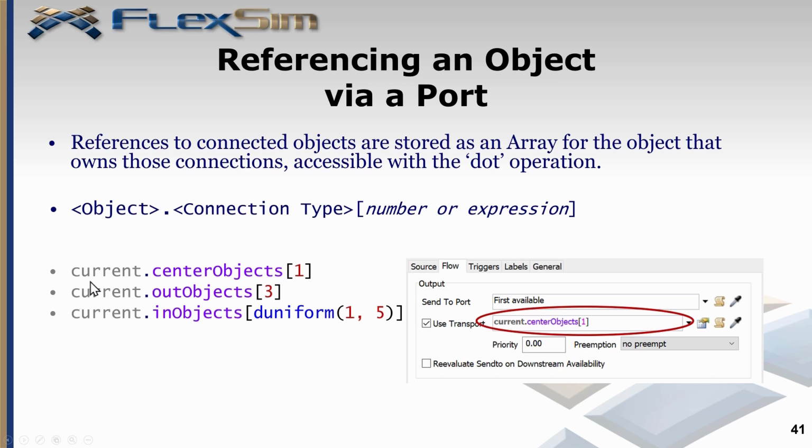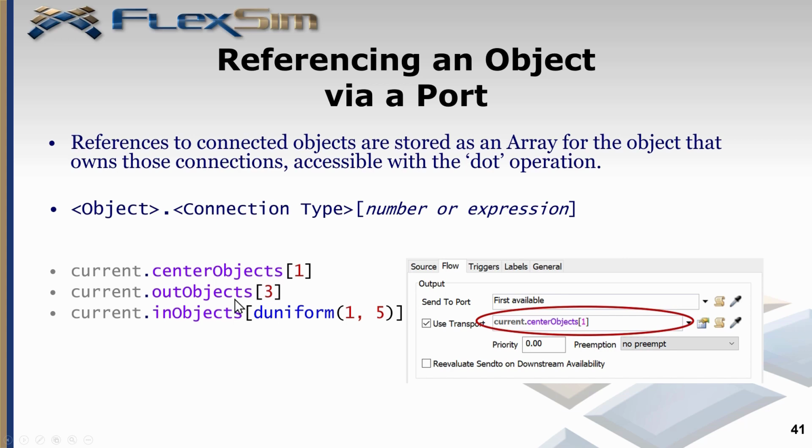So here are the 3 different things you might use to reference another object via a port of the current object. You say current, that's the variable referring to this object that you're writing the expression on. Dot centerObjects for center ports, and then bracket the port number. Or outObjects to refer to an object connected to an output port.